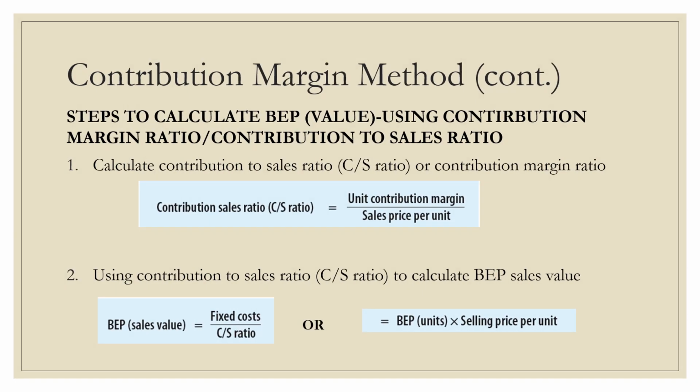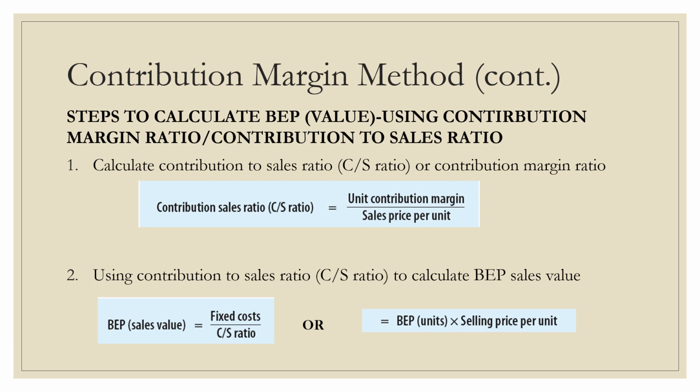These are the steps to calculate the break-even point in value using the contribution margin ratio, or contribution to sales ratio. First, calculate the contribution to sales ratio. Second, use the contribution to sales ratio to calculate the break-even point in sales value.